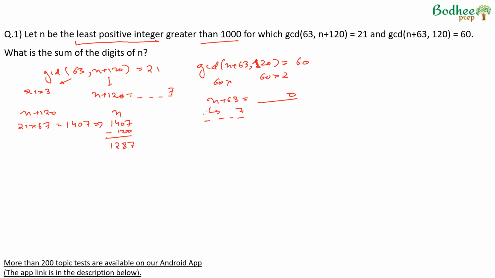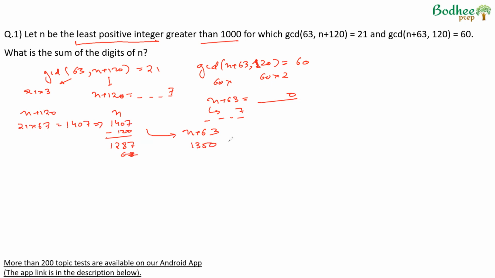And therefore n plus 63, from here I write, n plus 63 will be 1287 plus 63, which is 1350.